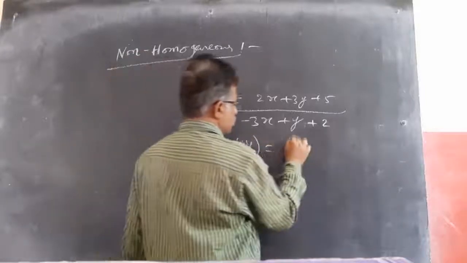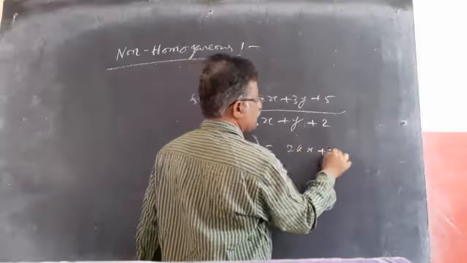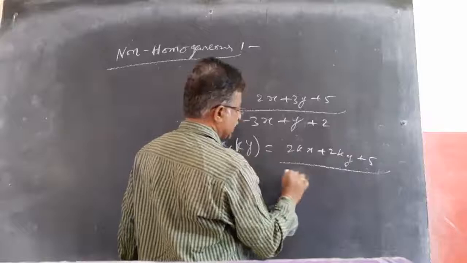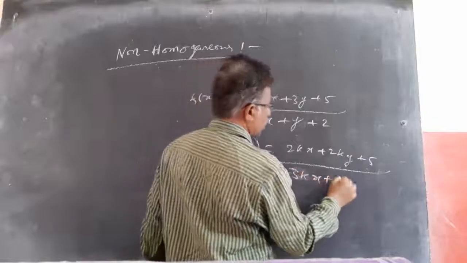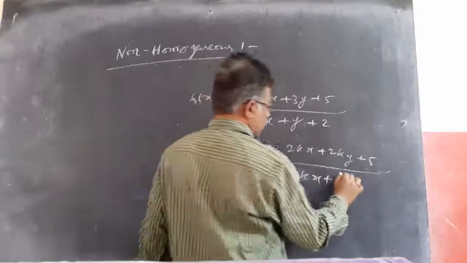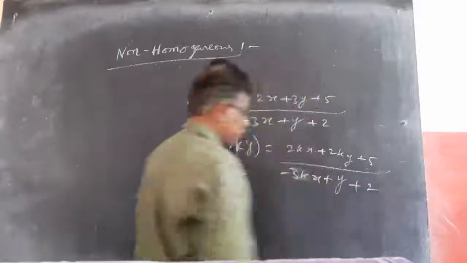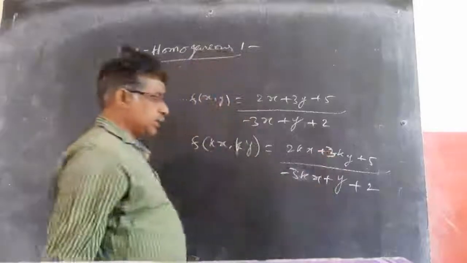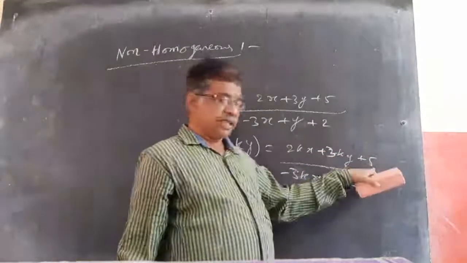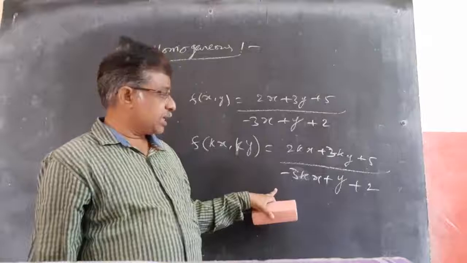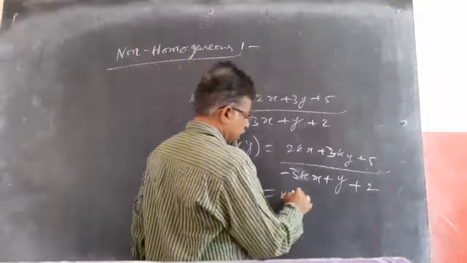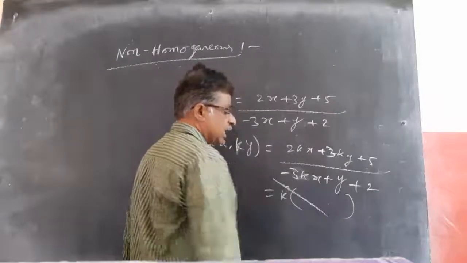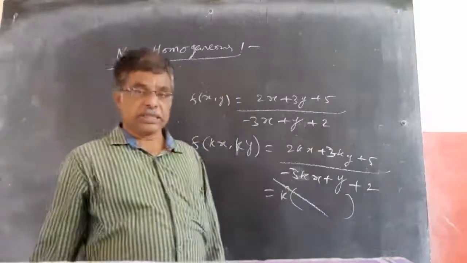So this is (2kx plus 2ky plus 5) by (minus 3kx plus ky plus 2). If you observe these two expressions, you cannot take k common from here. Means you cannot write k power n into something. So it is not a homogeneous equation.